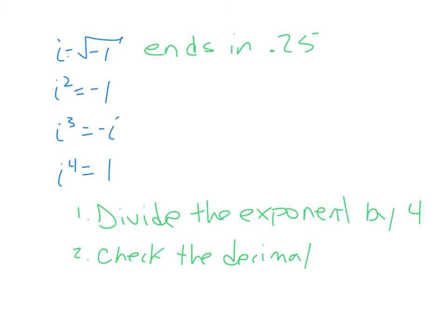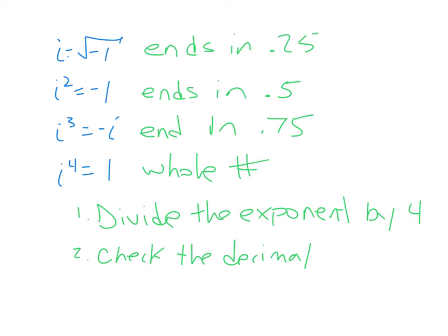If it ends in 0.5, it's -1. What if it's negative i? What would it end in? 0.75. And for a 4, it'll be a whole number. Okay, whole number. Good. And it's very important: your answers are only simplified if you're left with an i, a -1, a negative i, or a 1, no matter what other exponent you have with your i. Is that okay?